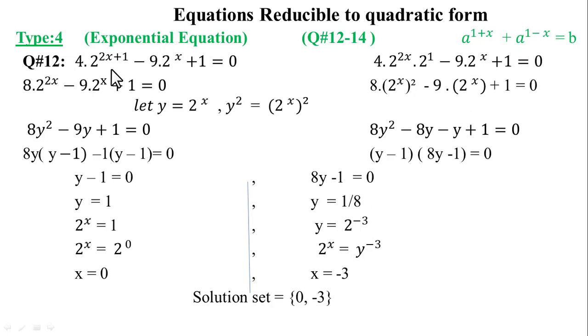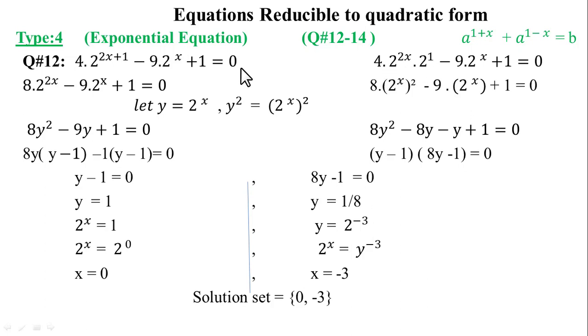First of all, we rearrange the coefficients and powers of variables. In our exponential equation, we write in the form of a product: 4 multiplied by 2 to the power 2x multiplied by 2 to the power 1. Because the base is the same, the powers will be added.